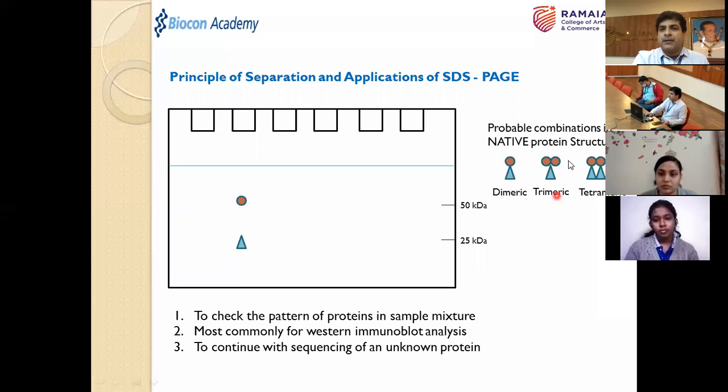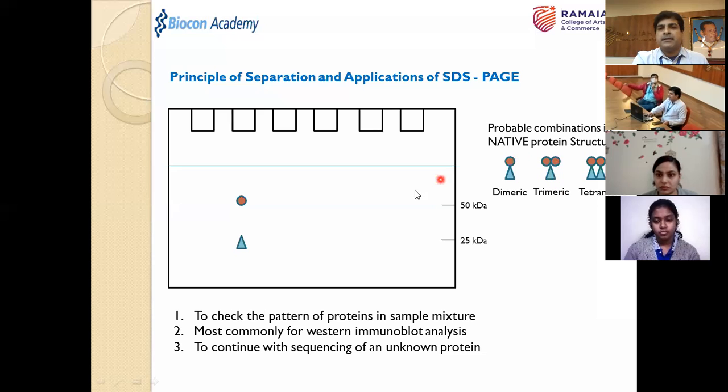Trimeric means the native protein with three subunits. Tetrameric, four different monomers. Now, this is under native condition. If you separate like activity gels and zymograms, as we discussed, proteins get separated as they are with this quaternary structure. Quaternary structure means like hemoglobin, 2 alpha, 2 beta together.